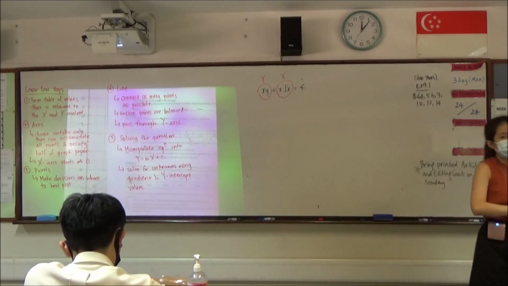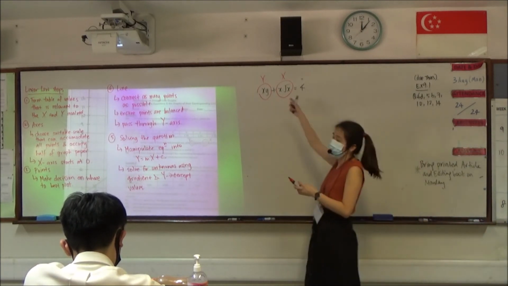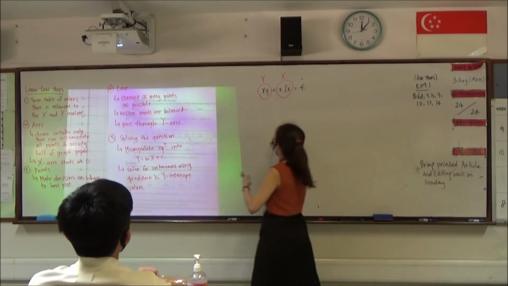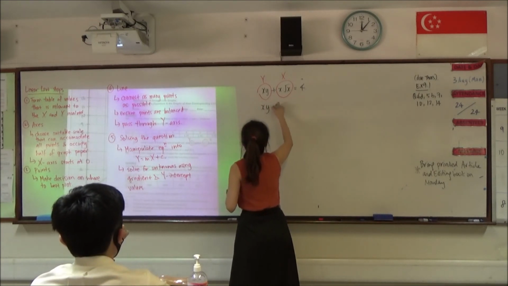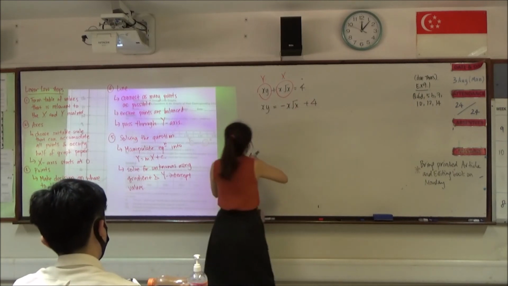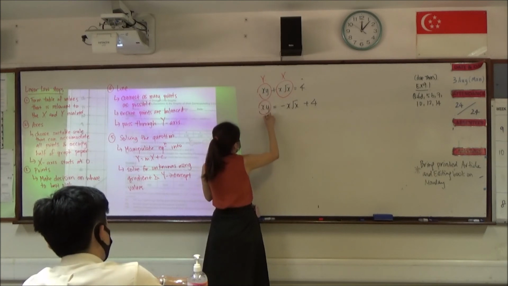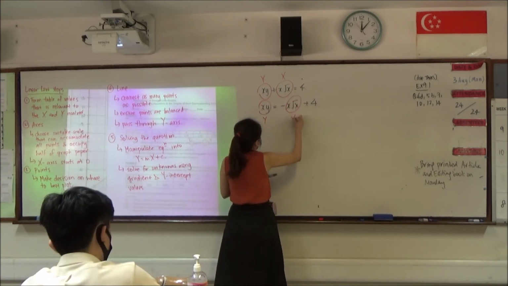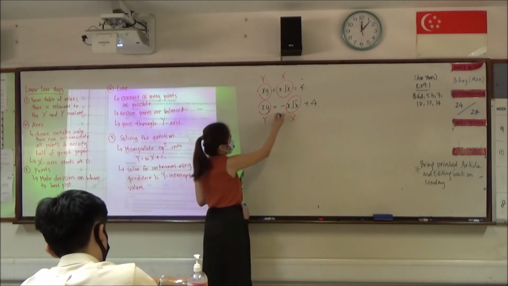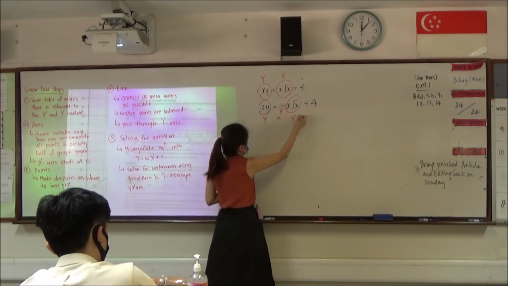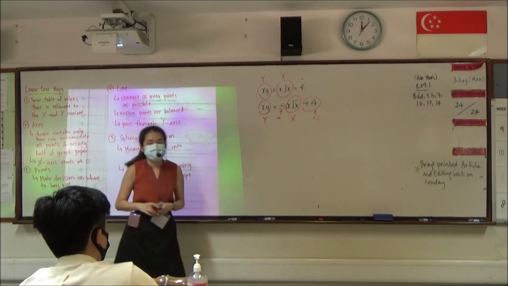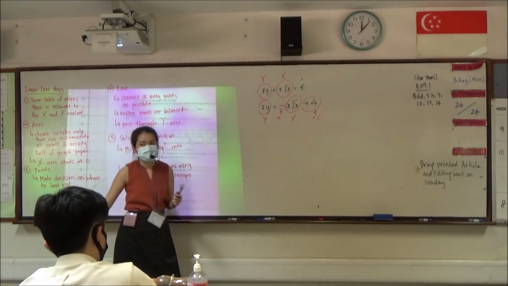So if I arrange it into y equals mx plus c, I can write it as xy equals negative x square root x plus 4. So m is negative 1, and our plus 4 is our intercept value.